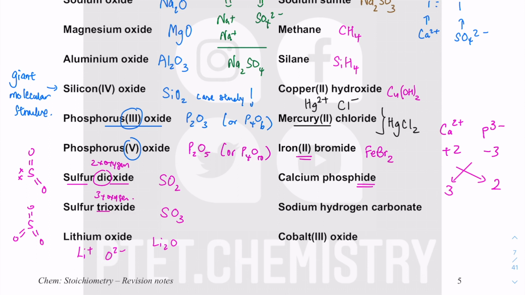This means I need 3 of the calcium 2+ in order to balance out the charges of the 3-, so that I'll get 3 of the calcium, and I need 2 of the PO4, oops, sorry, not 3, but 2 of the PO4 3-. I hope that makes sense there.